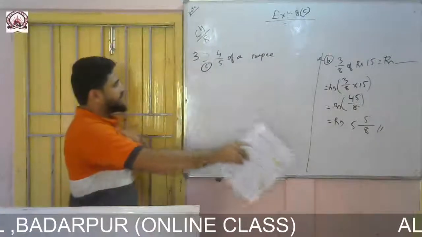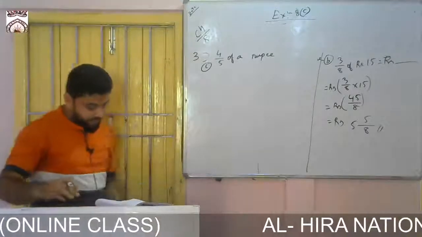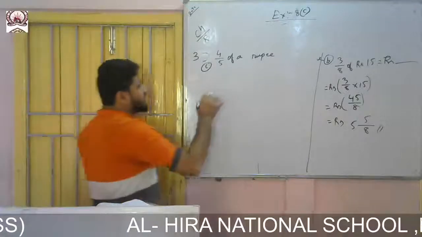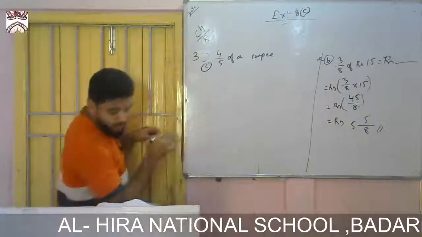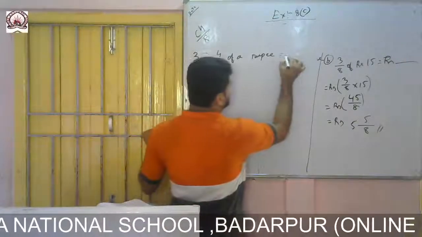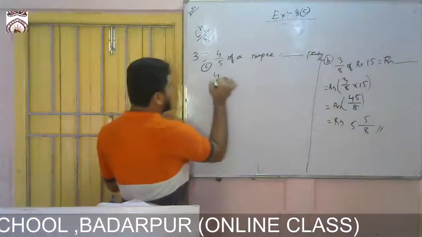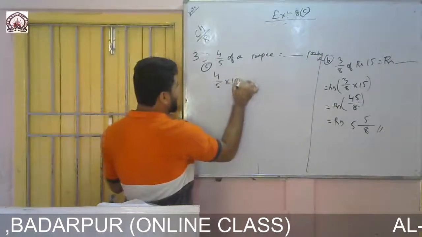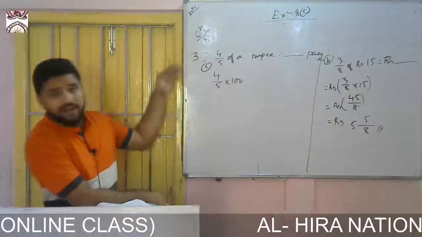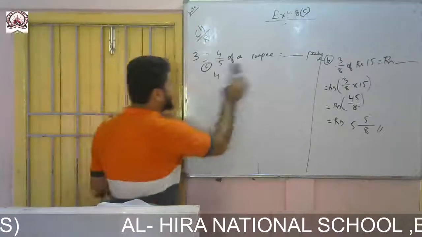That means I need to convert into how many paise? That means 4/5 into 100. That one statement I said, we know 1 rupee equals to 100 paise. You write this in every case. Here also you write like this.